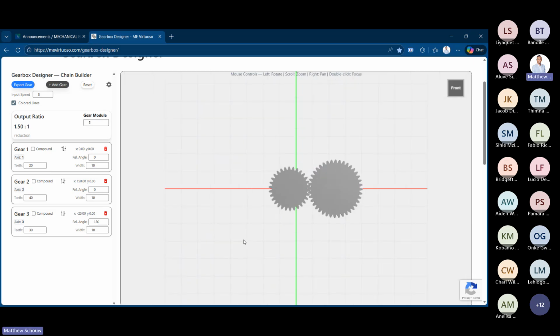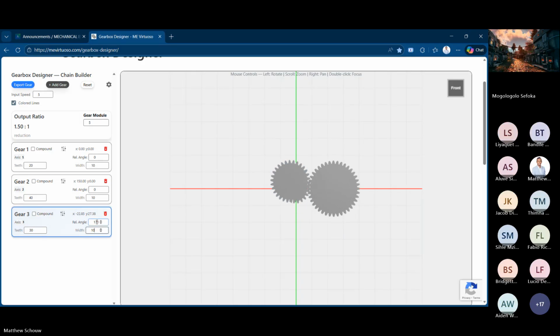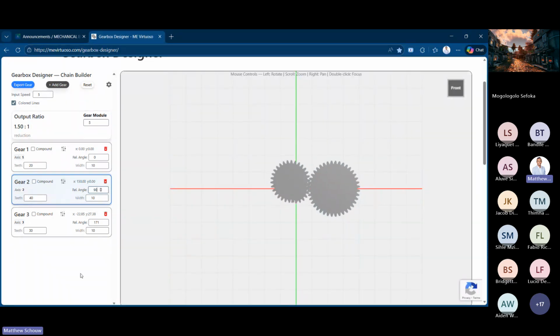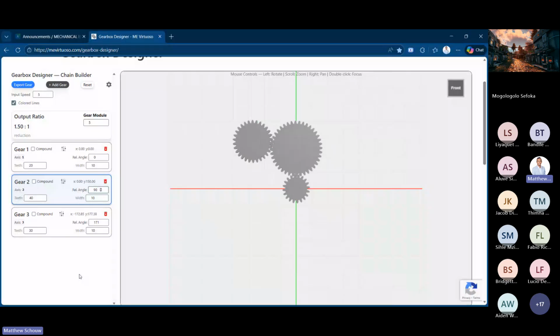Where's 180 now? Where's that gear now? Okay, let me just say 90. For this one, this is at 90, no? So that's how I play around with these things. I just found it the other day.